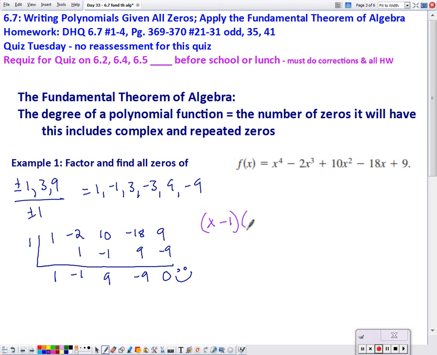And our second factor will be x to the third minus 1x squared plus 9x minus 9. And looking at this, I can already tell that this is going to group. We've got x squared times x minus 1 plus 9 times x minus 1 is going to give us, hey, look, a repeat. The factor of x minus 1 has appeared twice.